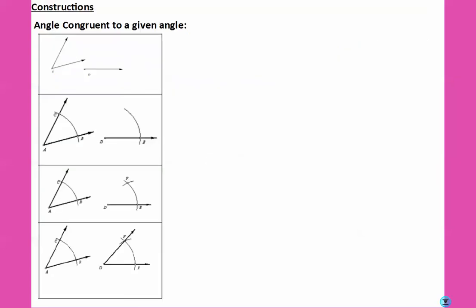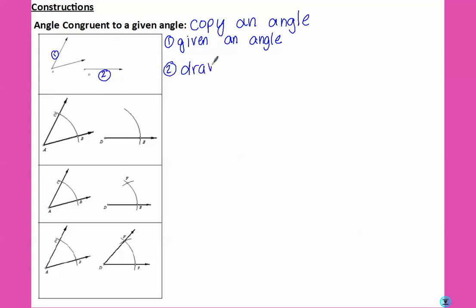First, we're going to copy an angle, or construct an angle congruent to a given angle. So, if we're given an angle, like we are right here, then we are going to draw a ray which will be one side of our new angle.